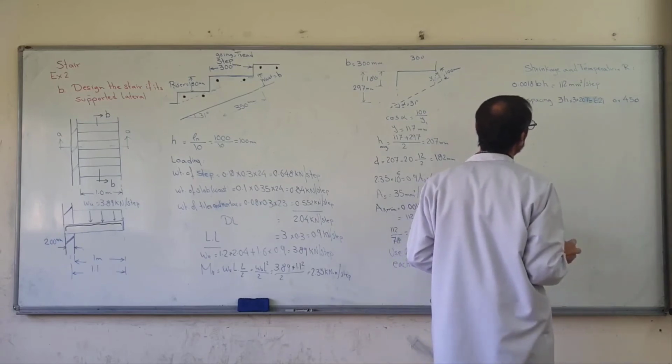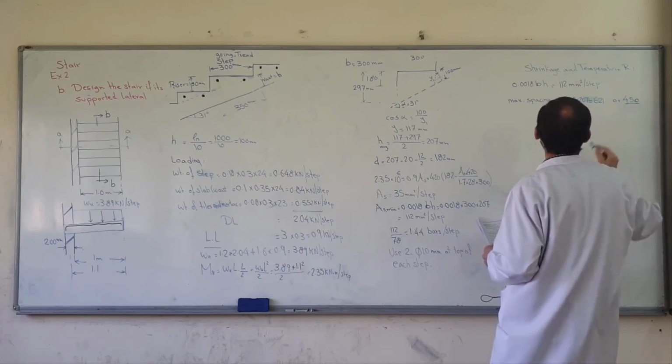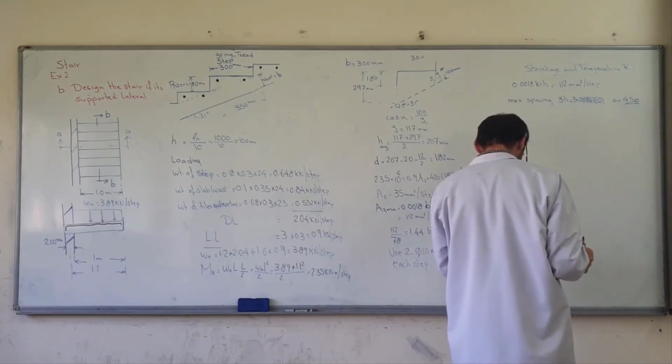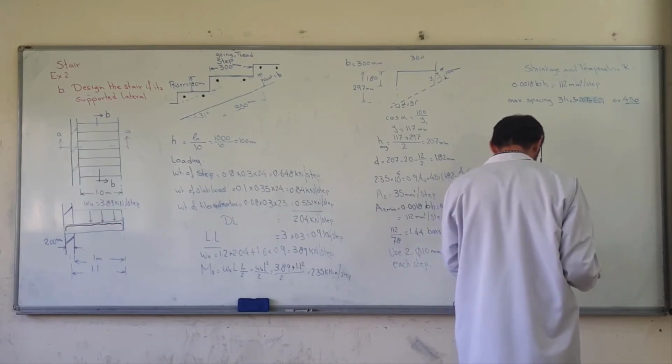We take the less distance for secondary. This is 450 millimeters. This is the less distance.